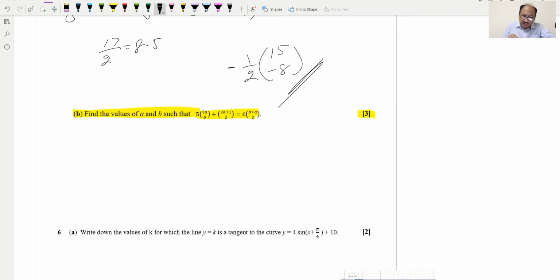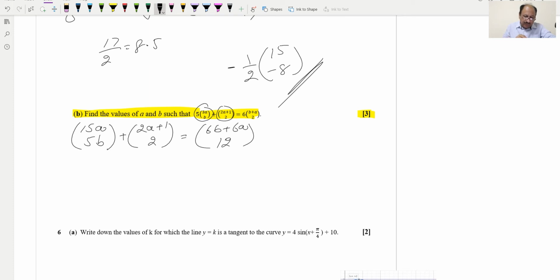What we can do, we can multiply first. We can multiply this inside and then add also. So if I first write 15A and 5B, this one plus this will be 2A plus 1 and 2, and this is equal to, if we multiply inside, 6B plus 6A, and 6 2s are 12.